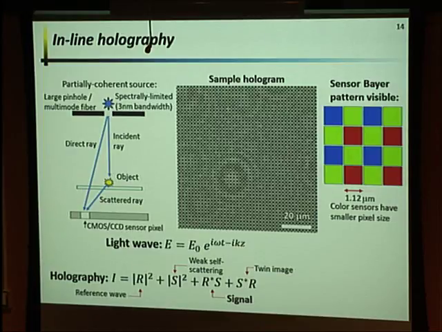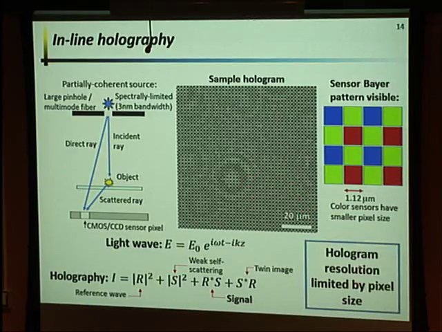In our case, one thing you'll notice is that the resolution of the hologram that we record is initially limited by pixel size. In order to get the smallest possible pixels, we typically turn to color image sensors because they tend to have smaller pixels. In this case, the smallest we can easily acquire is about 1.12 microns in size.